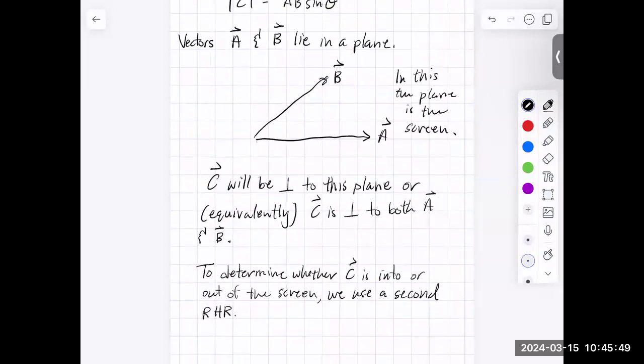Okay, and so before I write it down, I'll just show you what this right-hand rule is.